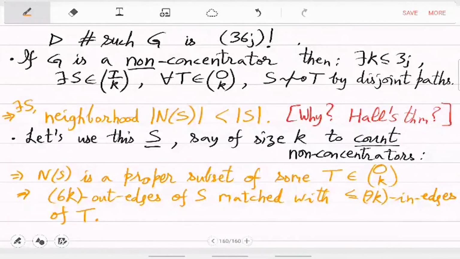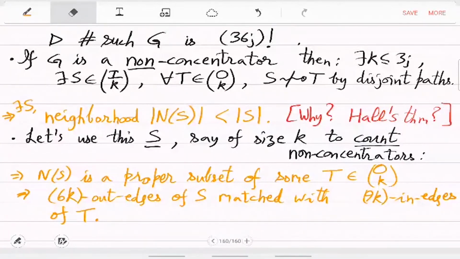Right. So look at S, the edges which go out of S, they are 6k many, and they are all going inside a T which is of size less than k, and the number of in edges to them is less than or equal to 9k.